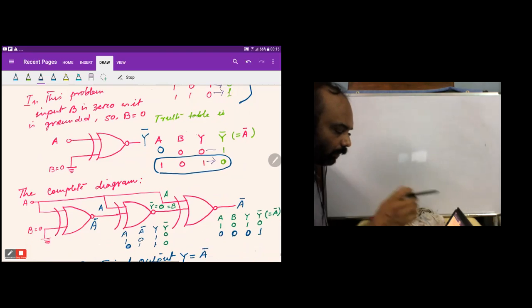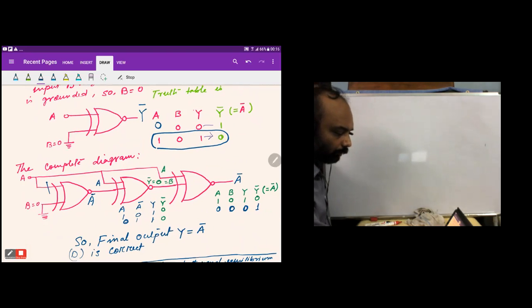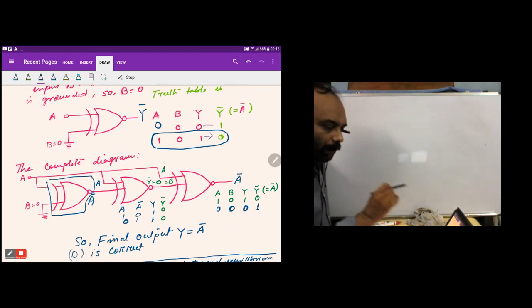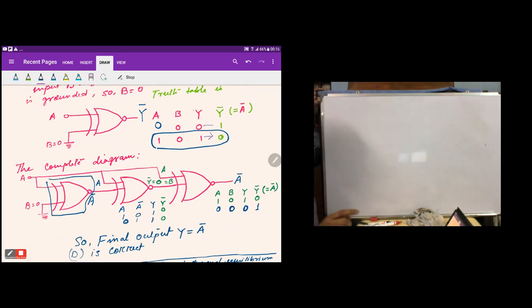So from the first combination, I get my output A bar, which is the input of the second stage, that means this one, and input A is also acting as an input of the second stage. So my inputs are A and A bar. Therefore, my output will be using again exclusive OR and then using NOT.